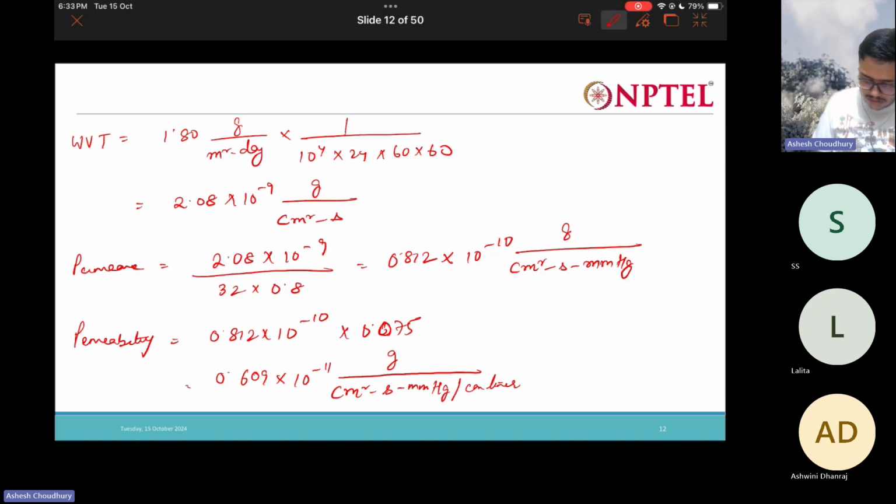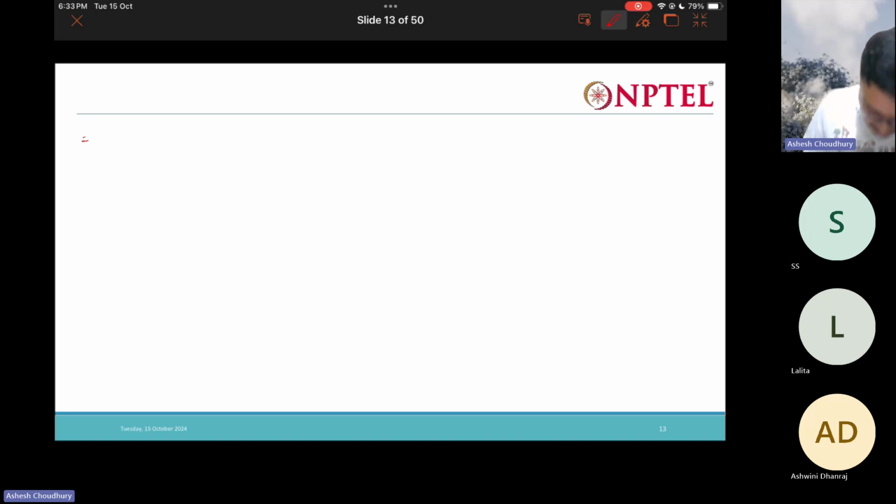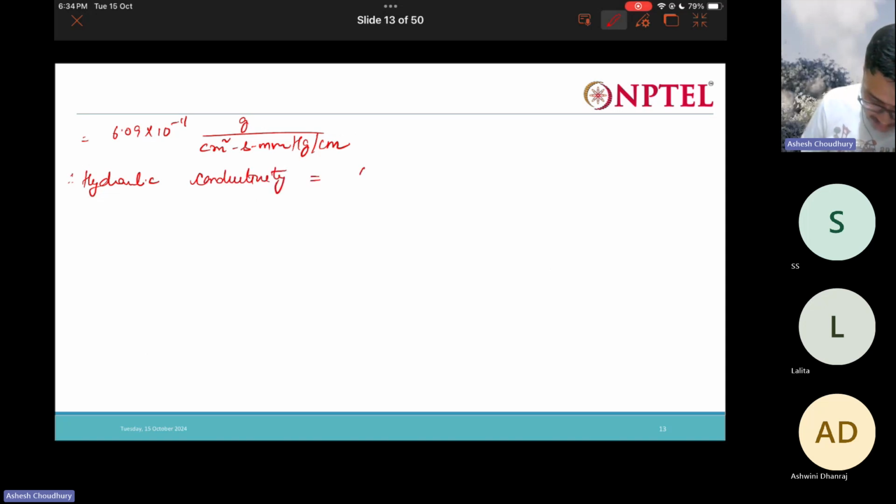So this you can write per cm. Therefore hydraulic conductivity. mmHg we have to convert to mm of water.